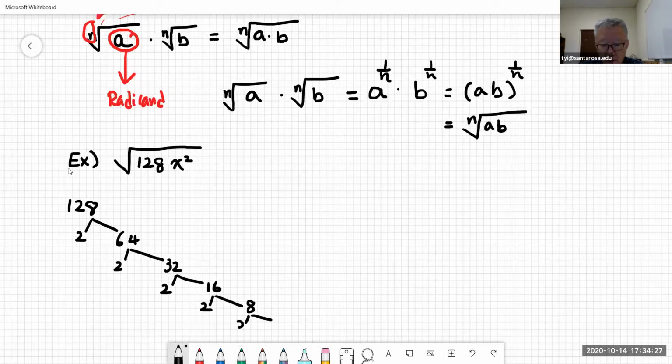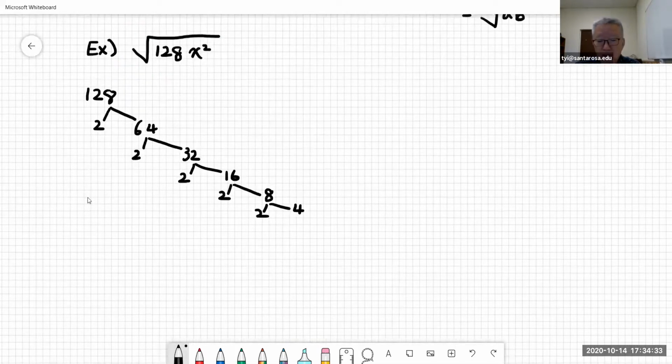Again by 2, you get 4. And then finally, you get 2 and 2. So the 128 is simply 2 times 2 times, 1, 2, 3, 4, 5, 6, 7 twos.